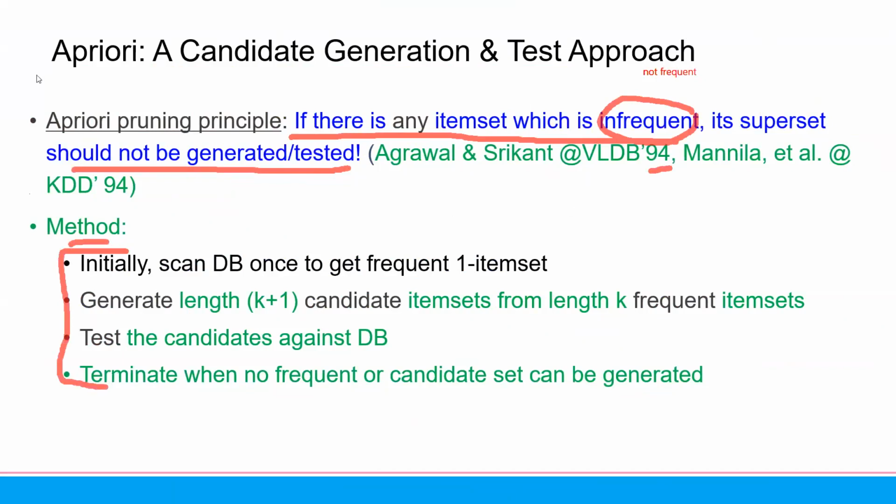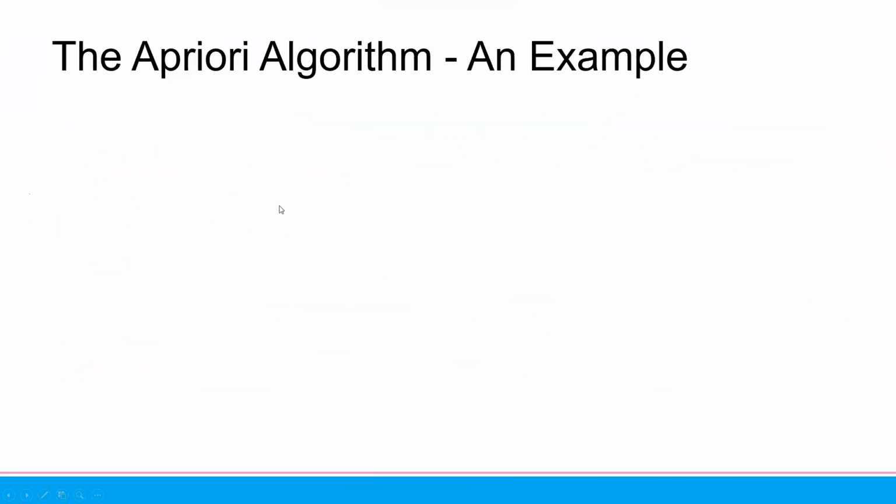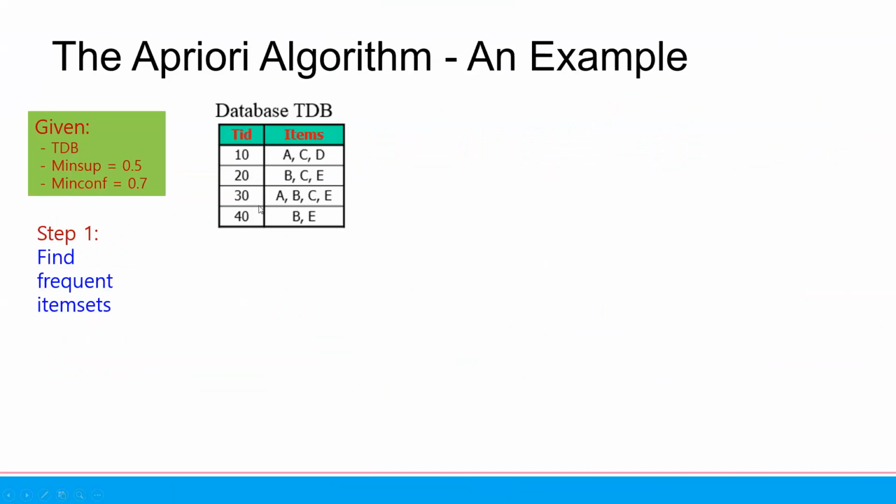Let's just see the example. Now I have this TDB. We call it the transactional DB.